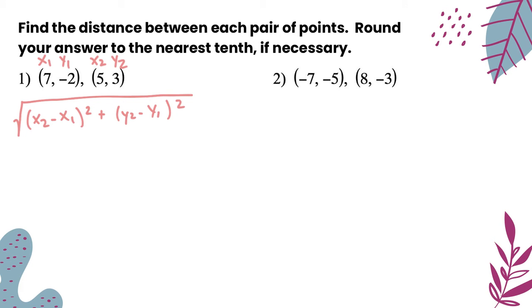So I will take my x1 and put it where x1 goes, y1 where y1 goes, x2 where x2 goes, and y2 where y2 goes. It's almost like we are filling in those blanks.